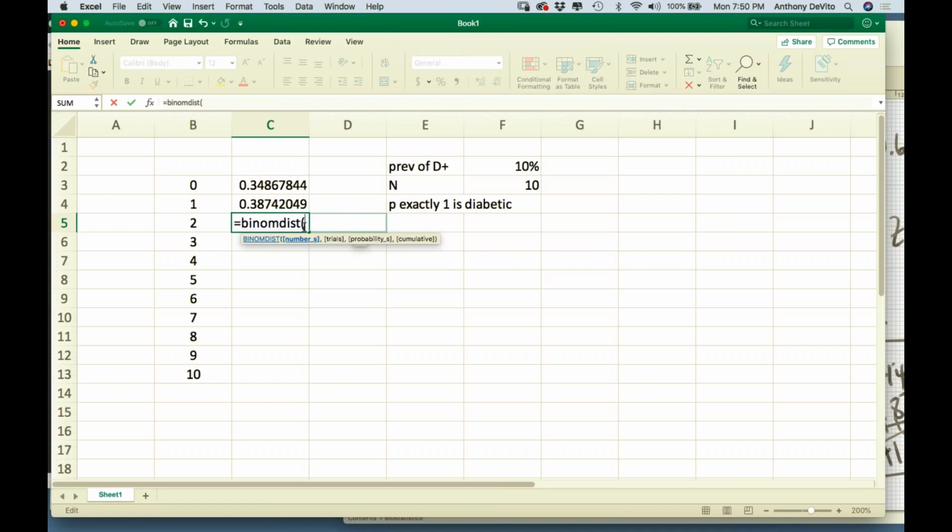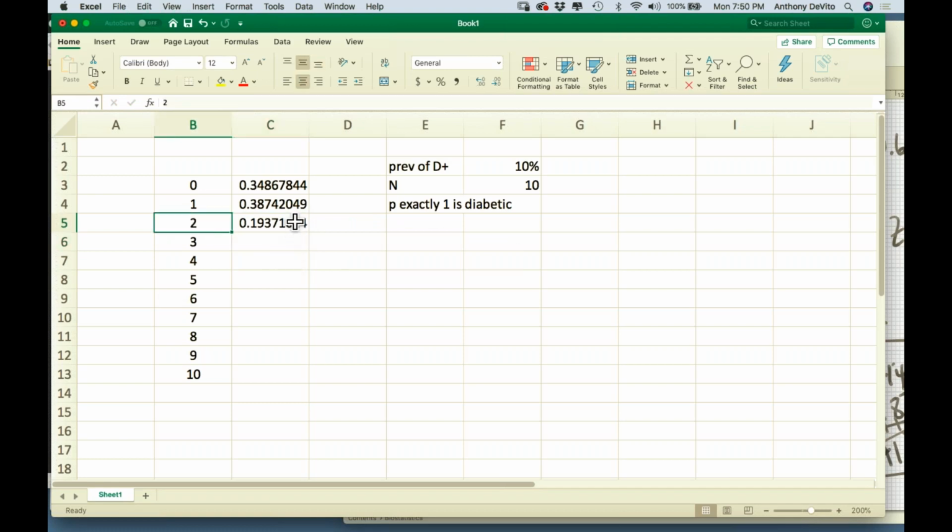That's the number of successes, B5, 2, comma, number of trials is 10, comma, the probability of the individual trial is 0.1, and then I'm going to type in false again and hit enter. And there's the probability we would get 2 people out of 10 that are diabetic. Notice it's a lot less than 1 or 0 because only 10% of the population is diabetic.